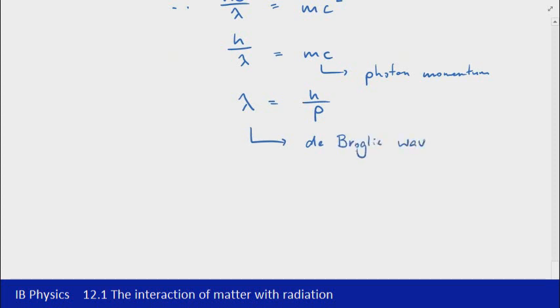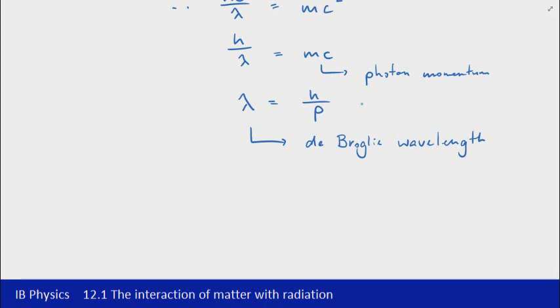So basically what it means is if we know the momentum of a particle, so if we know this value of p, we can calculate what the value of the corresponding wavelength for that particle would be. Typically, the value of h is very, very small, so you're not really going to see the wavelength of anything that has a lot of momentum.